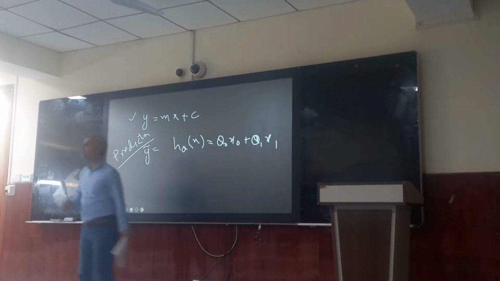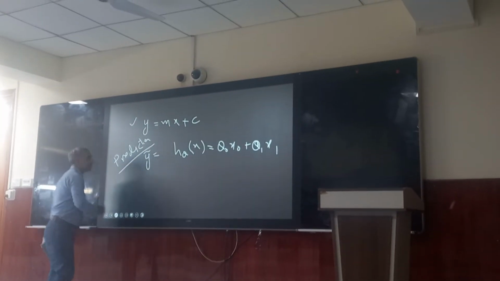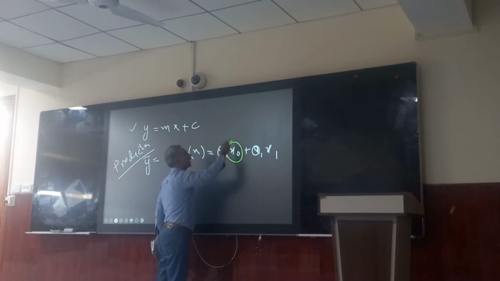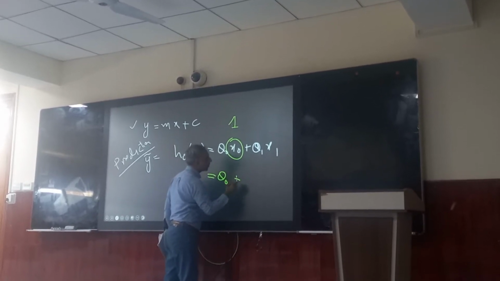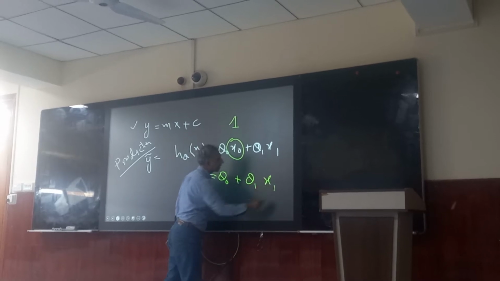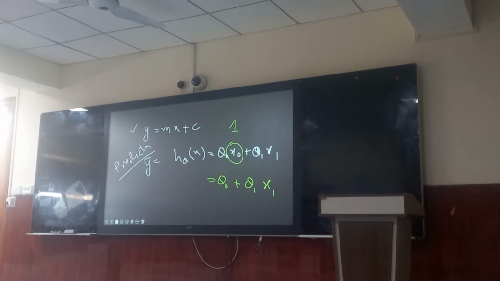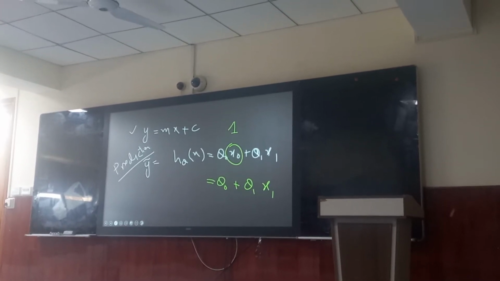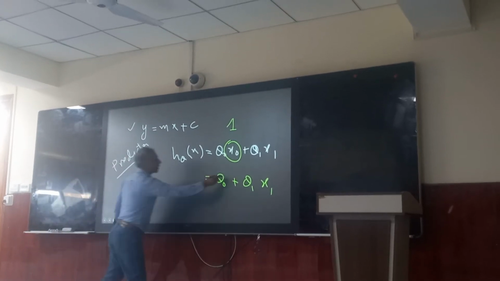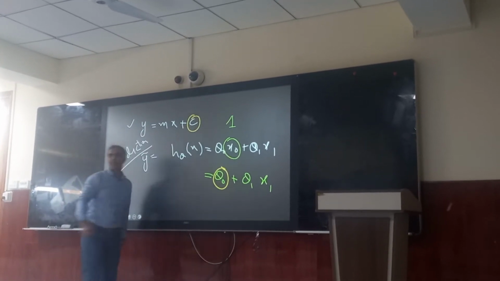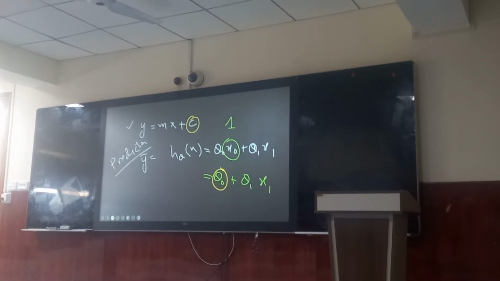I also told you that this x sub naught always represents 1. So your hypothesis equation will become like this. It is exactly like the equation of a line, where theta naught represents the intercept value, or you can say starting value. My children, this is the weight factor.